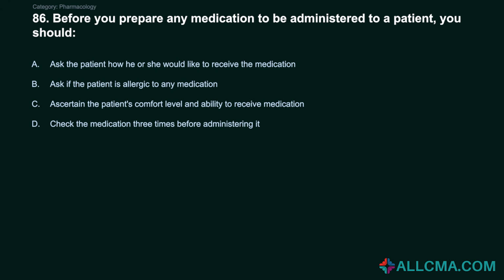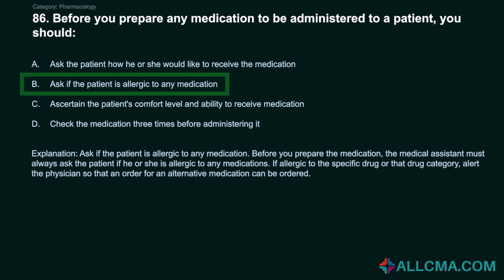86. Before you prepare any medication to be administered to a patient, you should A. Ask the patient how he or she would like to receive the medication. B. Ask if the patient is allergic to any medication. C. Ascertain the patient's comfort level and ability to receive medication. D. Check the medication 3 times before administering it. Correct answer, B. Ask if the patient is allergic to any medication.